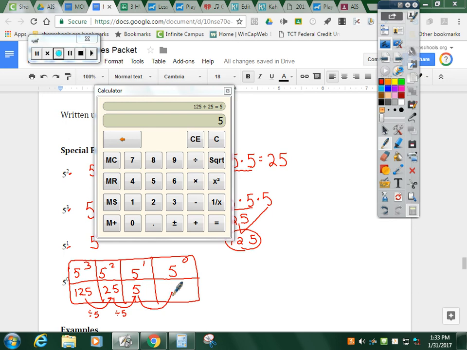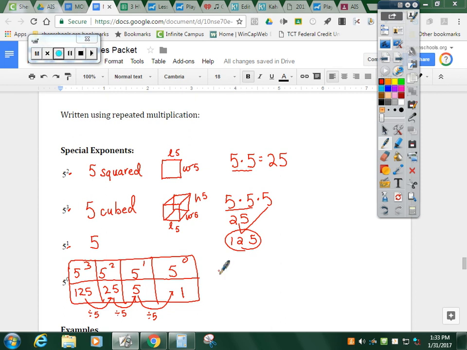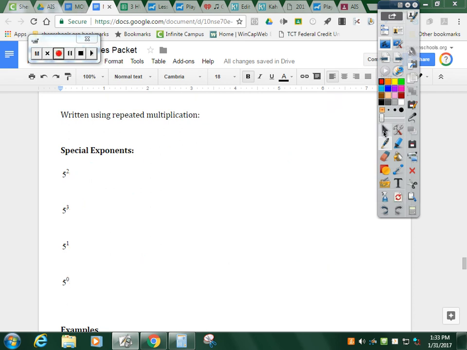And 5 divided by 5 gives you what? It's 1. So anything to the 0 power is always 1. Okay, I love that.